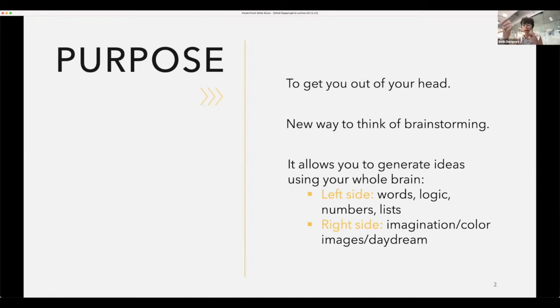The right side is where your imagination, color, images, daydreaming come about. Traditionally, when you are brainstorming, you tend to use much more one side of the brain than the other side. And the idea is to create a visual roadmap to be able to utilize.